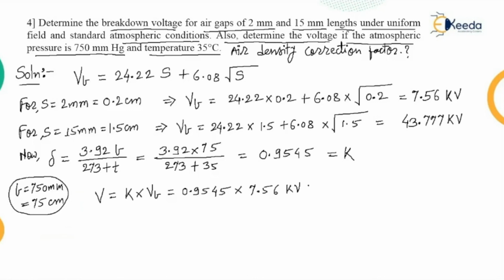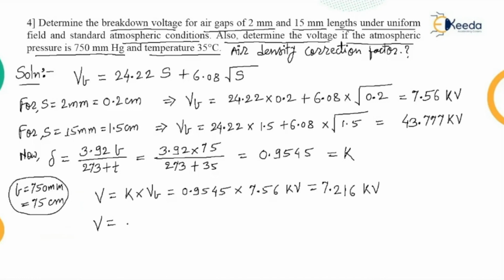As this is in kilovolt, let us do the multiplication: 7.56 multiplied by 0.9545 comes out to be 7.216 kilovolt.